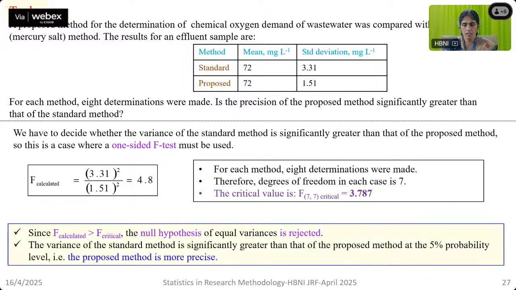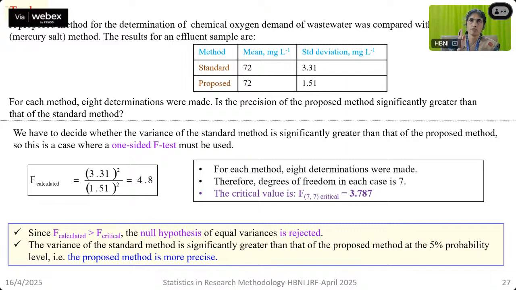As the calculated value is more than the critical value, the null hypothesis is rejected. The null hypothesis is that both have comparable precision. As is obvious, the new method has a lower numerical value of variance and standard deviation. It has better precision than the already existing standard method, at 5% probability or 95% confidence level.